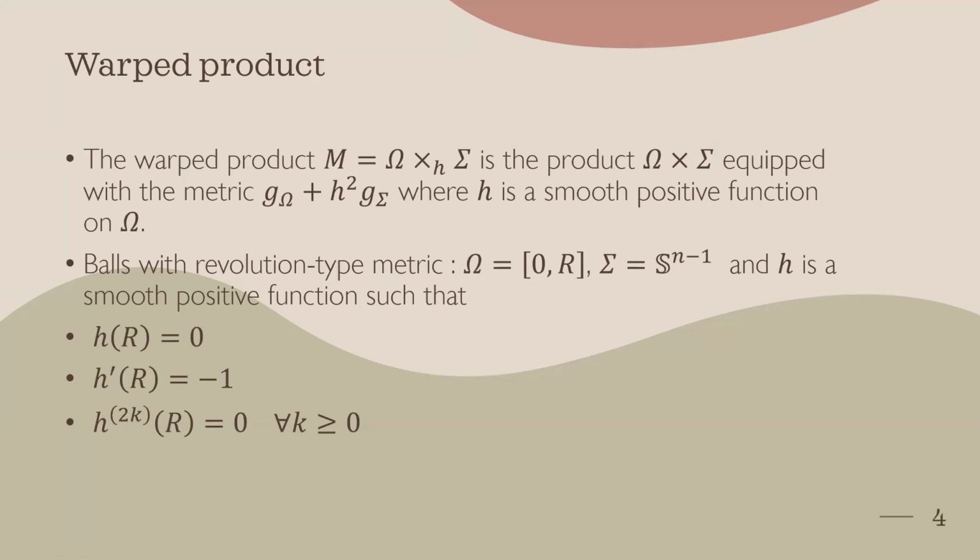But here h is not only a smooth positive function defined on an interval, we need to specify other hypotheses. We specify that h of big R is equal to 0, which means that we have one boundary component. The center of the ball is when r is equal to 0, and the boundary of our ball corresponds to small r equal to big R. And also we will add hypotheses on the derivatives of h, just to make sure that the metric that we're considering is smooth enough.